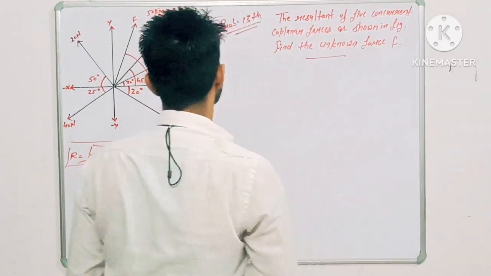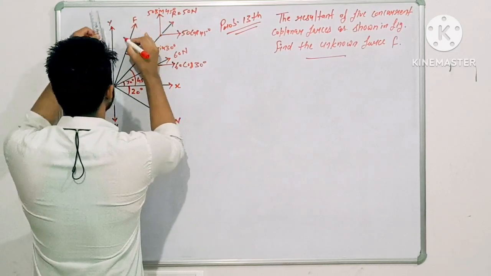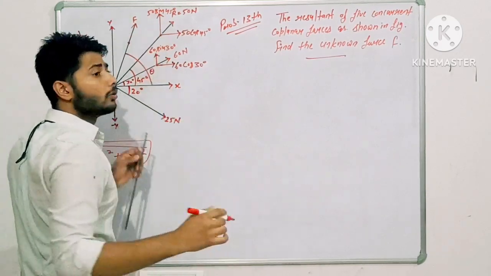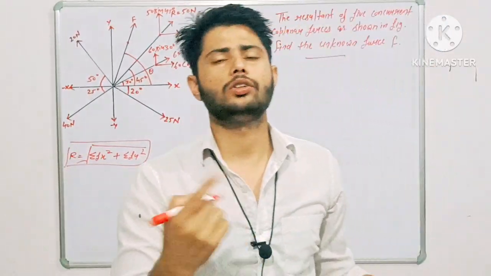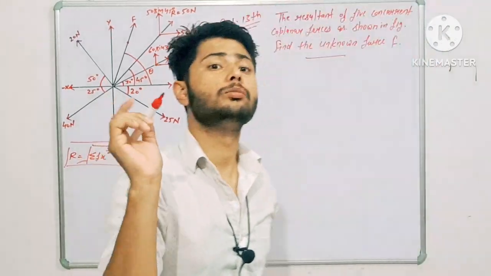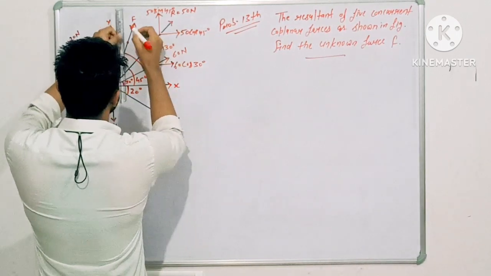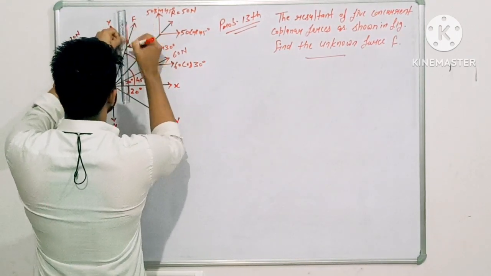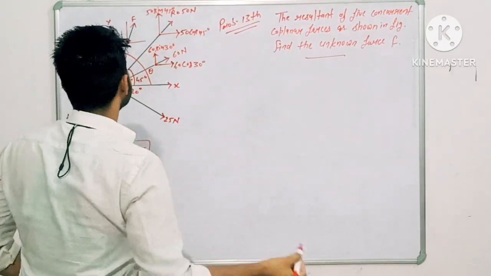Now resolve the third. Take a point before an arrow. You can take the point after the arrow, the choice is yours. You can take the angle with the horizontal or with the vertical, the choice is yours. The answer will be the same, but your technique should be correct. Again, make a parallel axis with respect to x and with respect to y.